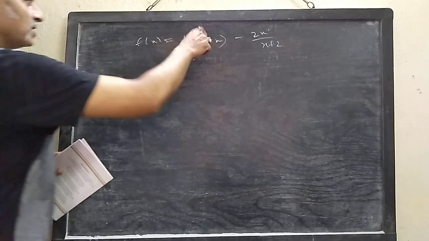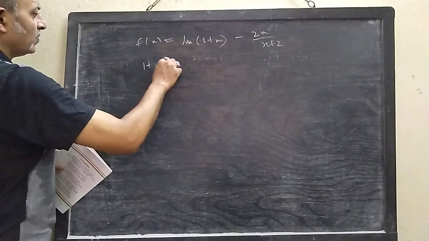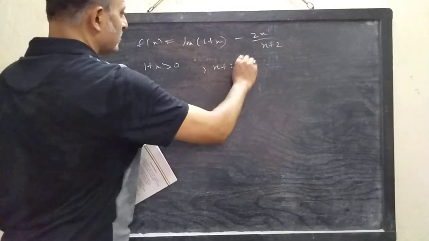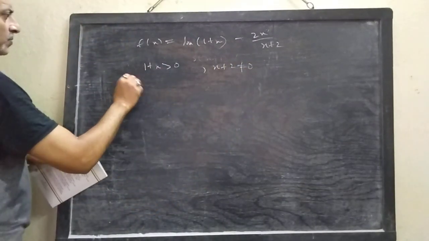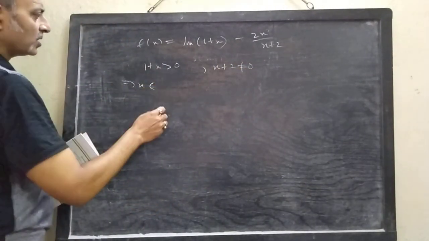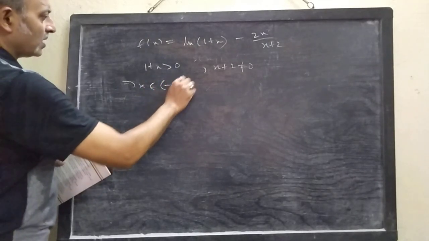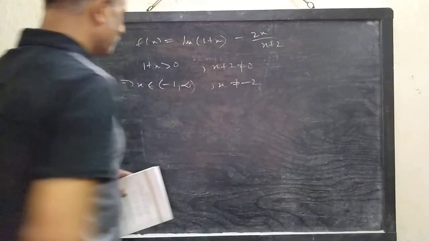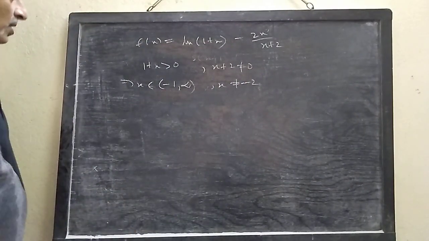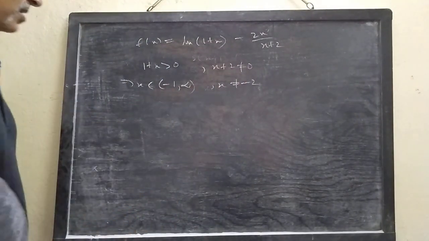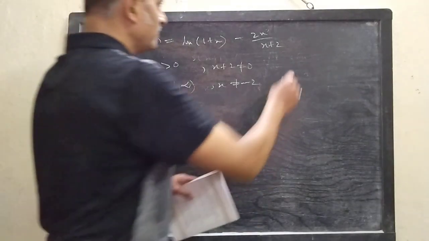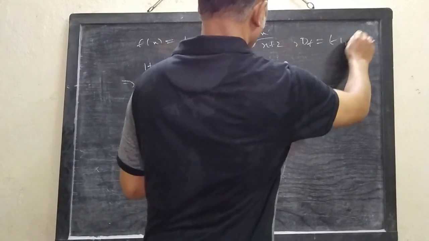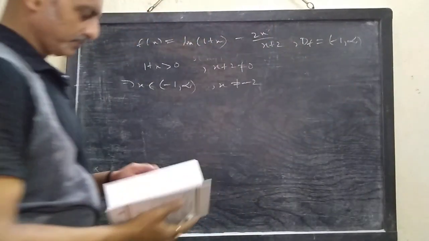For this to be defined we must have 1 plus x greater than 0, and x plus 2 not equal to 0. This gives x more than -1, so -1 to infinity, and x not equal to -2. -2 is not included in this interval. So our Df is open -1 to infinity open.